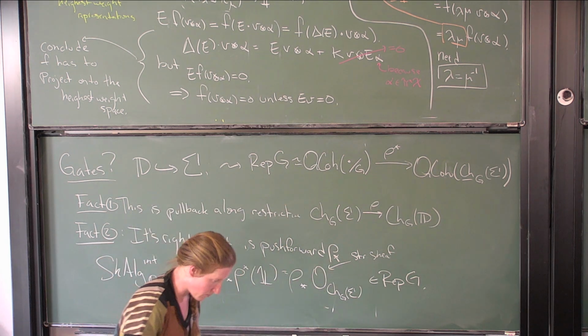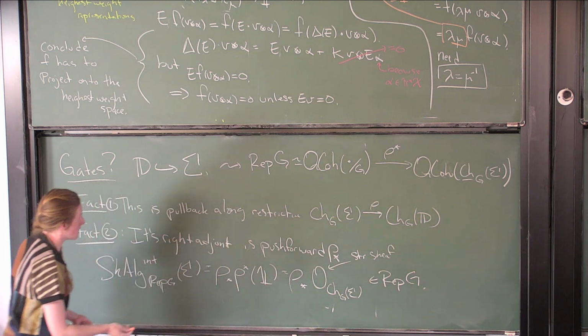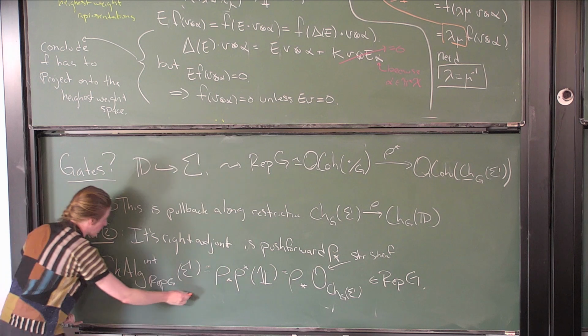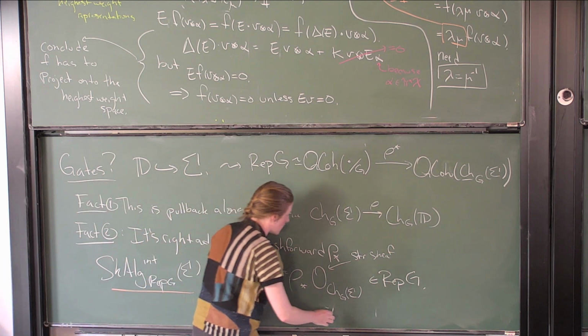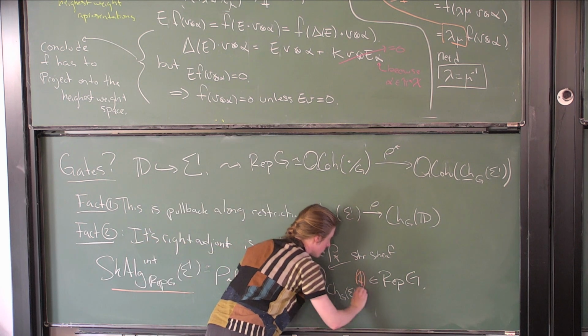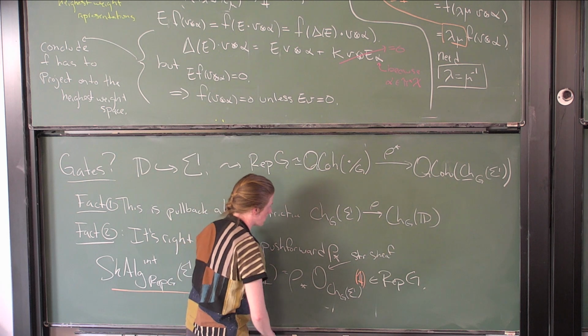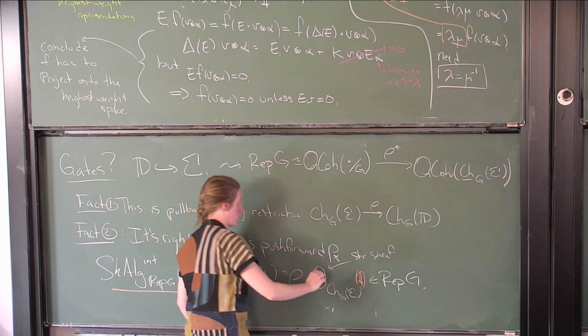So what does this mean at all? What we see is that when I take the internal Skein algebra construction and plug in rep G, then I evaluate it on 1, I'll get this, because that was how I made my internal Skein algebra.